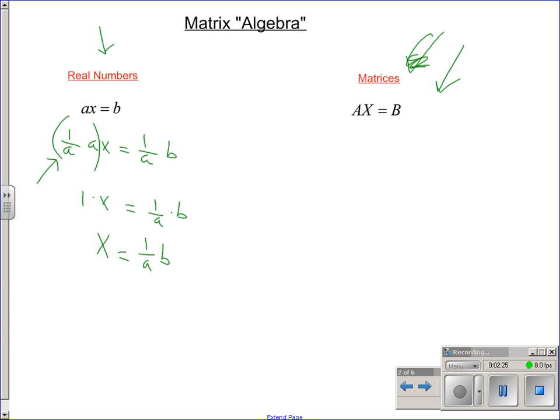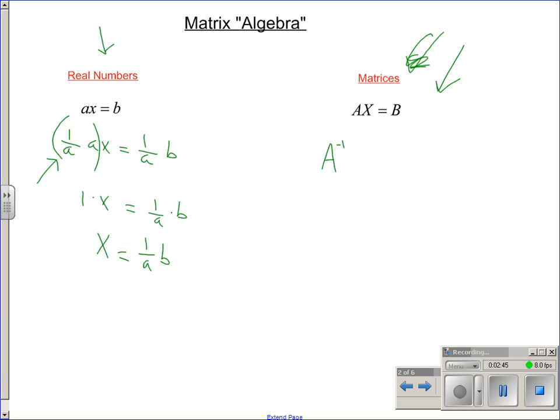Looking over here at the matrix equation on the right side of the screen, we want to solve for X. X is going to be where our variables are. So we have to get rid of this A. We can't divide by A because we just can't divide matrices. So we need to cancel it out. That's where the inverses come in.